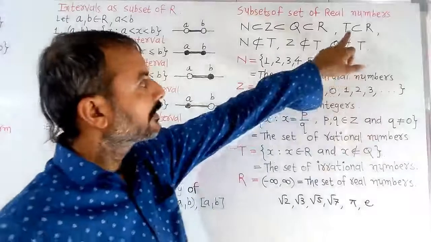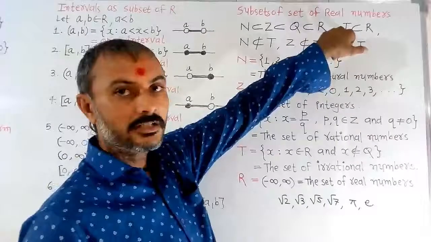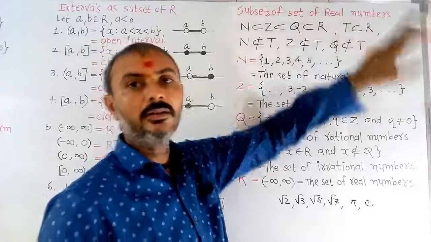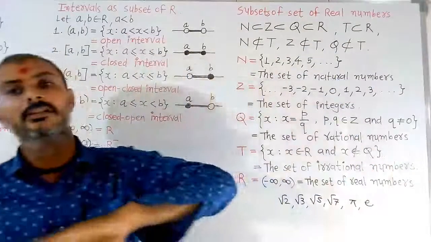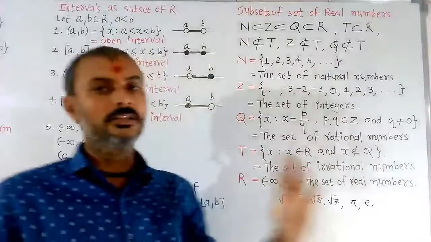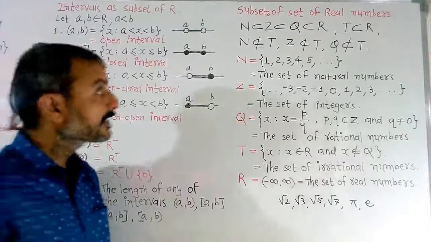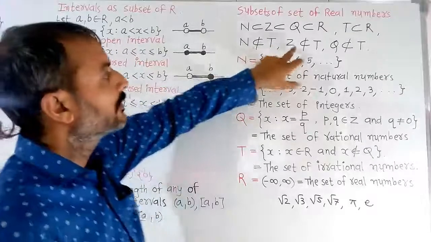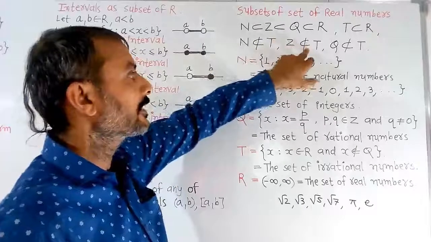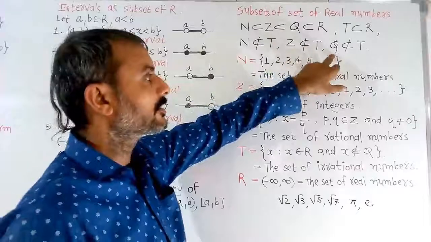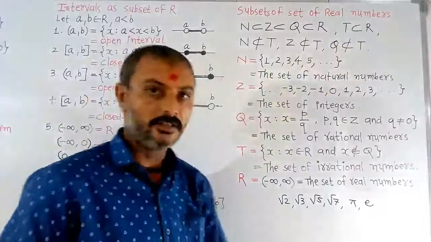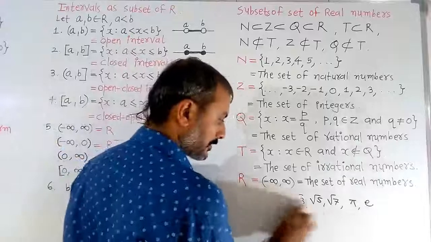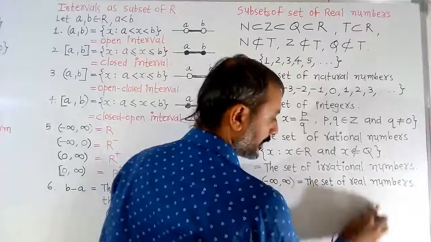So see, the irrational numbers are a subset of the real numbers, because the real numbers contain everything: rational, irrational, natural, integers, all things. Okay. But remember, natural numbers are not a subset of irrational numbers. Integers are not a subset of irrational numbers, and rational numbers are not a subset of irrational numbers. Keep in mind.